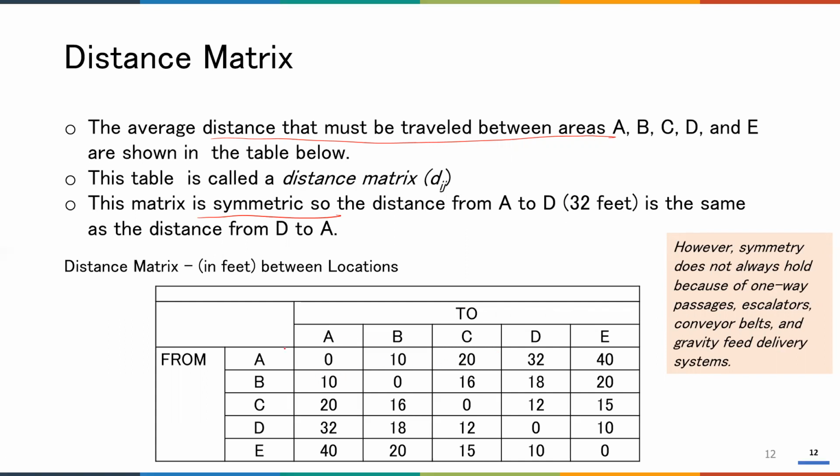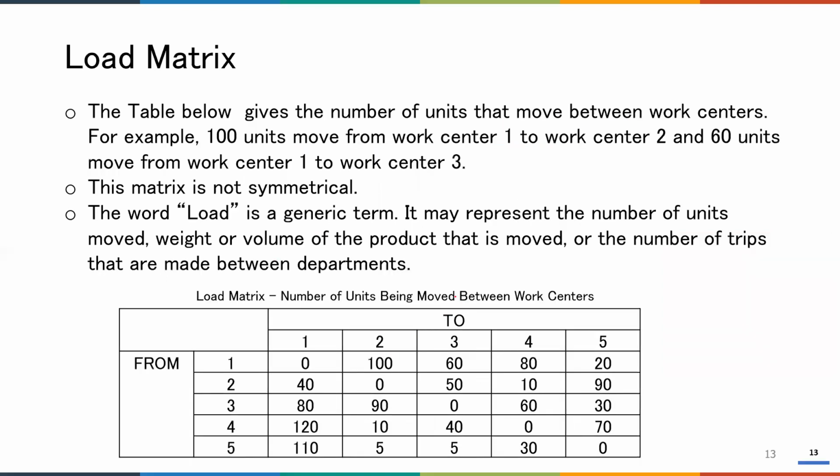So for example, we build from one location to another, just check it like A and B. This is the location one. And then we build the load matrix or the from-to chart of material flow. So for example, before I mentioned that the arrangement for the workstations is 1, 2, 3, 4, 5.